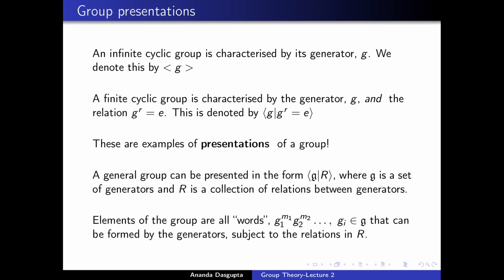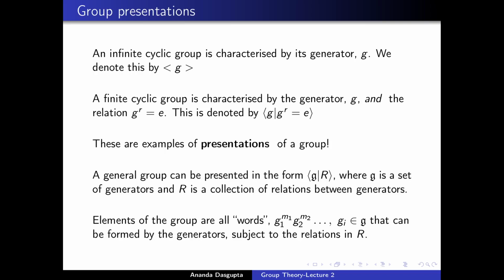So what are the elements of the group? The elements of the group are what are called words. Words are simply what you can form by treating these elements g1, g2, g3, etc. in curly G as letters of an alphabet. A typical word will be of the form g1 to the m1, g2 to the m2, etc. Now, note that we are not implying that g1, g2, etc. are different.